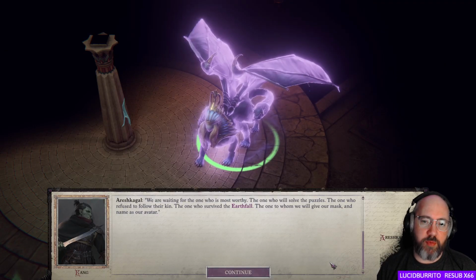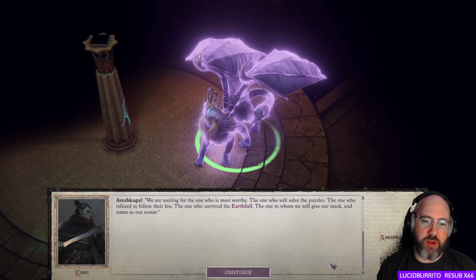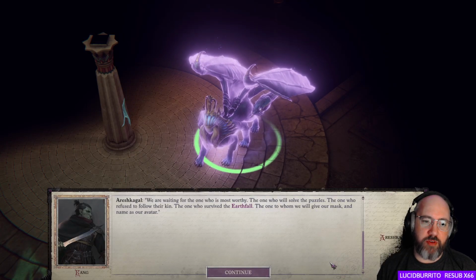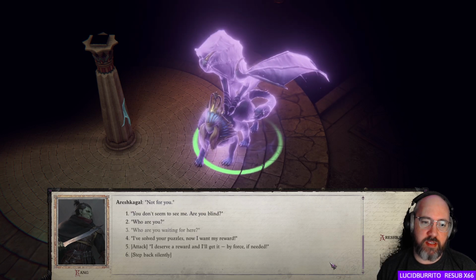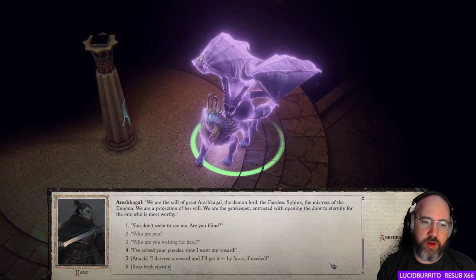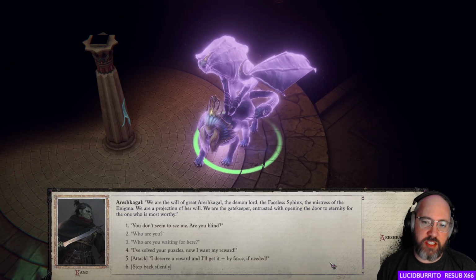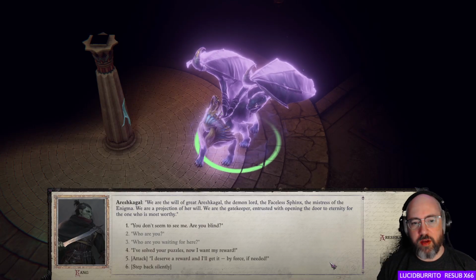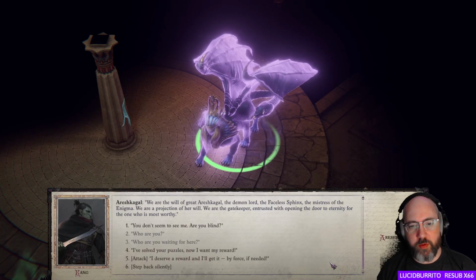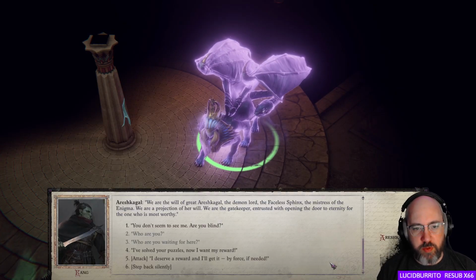The one who will solve the puzzles, the one who has refused to follow their kin, the one who's survived the Earthfall, the one to whom we will give our mask and name as our avatar. Not for you. Who are you? We are the will of the great Areshkagal, the demon lord, the faceless sphinx, and the mystery of Enigma. We are a projection of her will. We are the gatekeeper entrusted to opening the door to eternity for one who is most worthy.